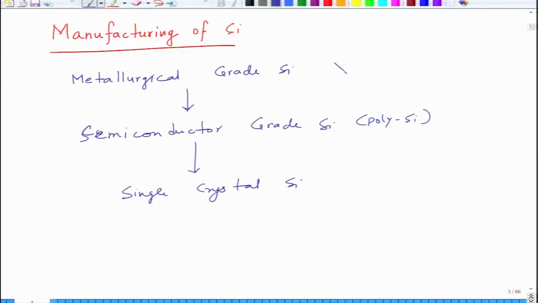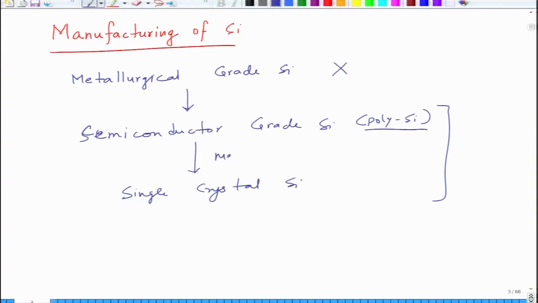We obviously cannot use metallurgical grade silicon for semiconductors, but we can use these two for semiconductor processing. Semiconductor grade silicon, that is polycrystalline silicon, is used for polycrystalline silicon solar cells, and the single crystal silicon is used for monocrystalline silicon solar cells. There is an additional step that is used to convert the polycrystalline into single crystal silicon, which basically involves melting followed by resolidification to make single crystals.